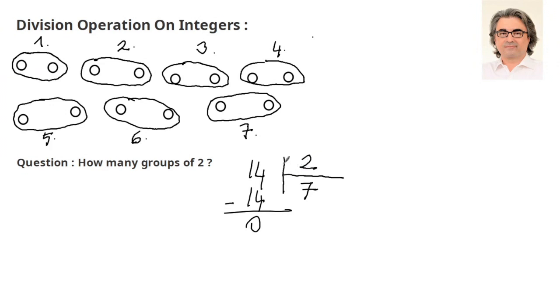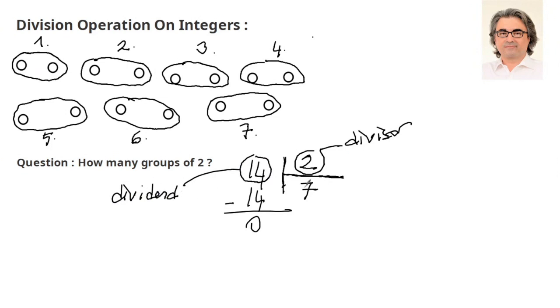Now this is the division operation notation, and 2 is called the divisor. 14 is the dividend. 7 is the quotient. And 0, or another number, here it is 0, is the remainder.